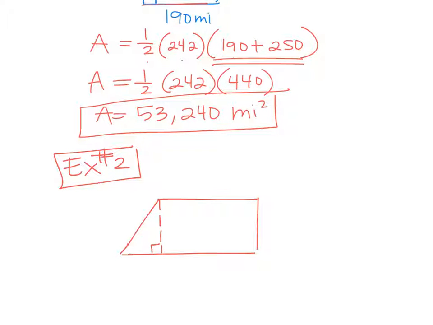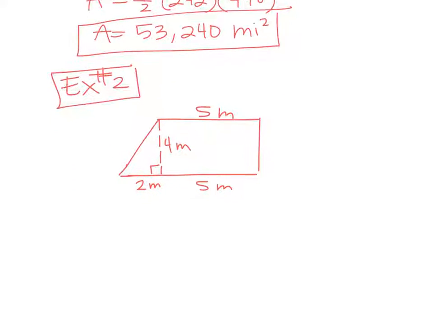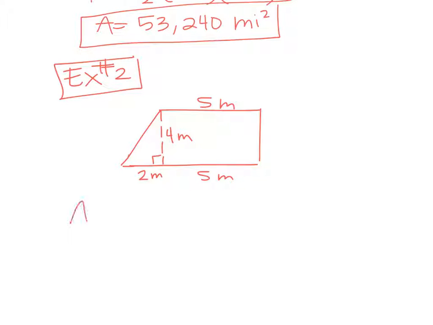And you are given, this is 5 meters, this is 2 meters and 5 meters, and this is 4 meters. All right, so our formula is 1/2 times the height times base 1 plus base 2.